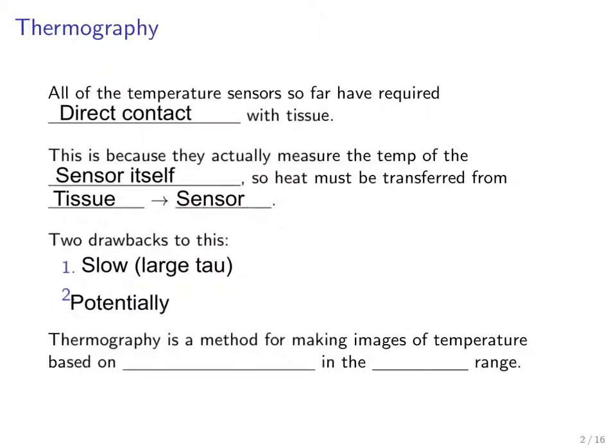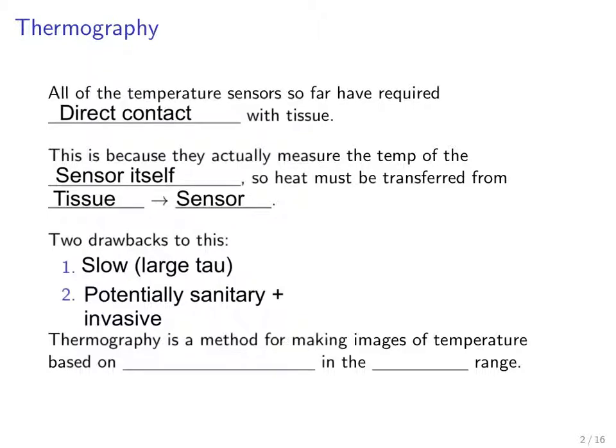So it's potentially unsanitary to have to bring a sensor directly into contact with tissue. And it's also then potentially invasive if you need to get a more internal measurement. In addition to that, patient compliance can be an issue.